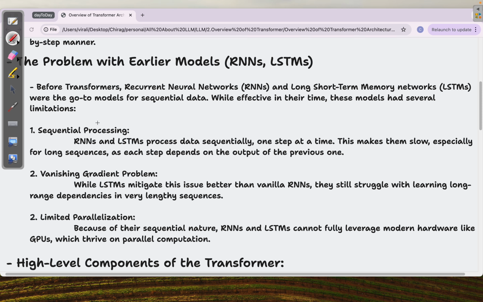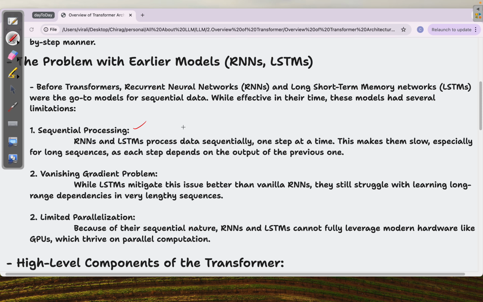Before the transformer, recurrent neural networks (RNN) and long short-term memory (LSTM) were the go-to models for sequential data. The first problem was sequential processing. We are processing one token at a time, so you cannot get faster output, because every sequence is processed in a sequential manner.